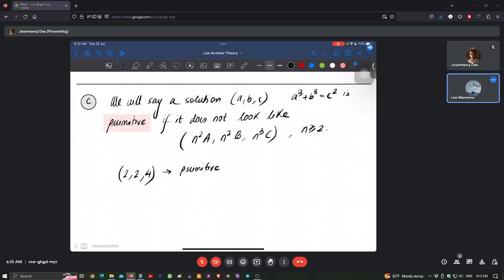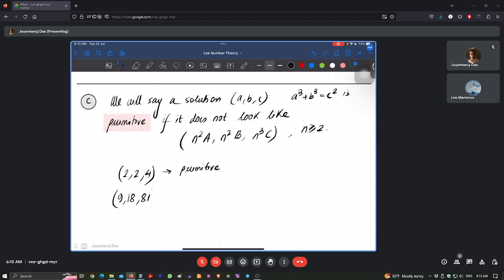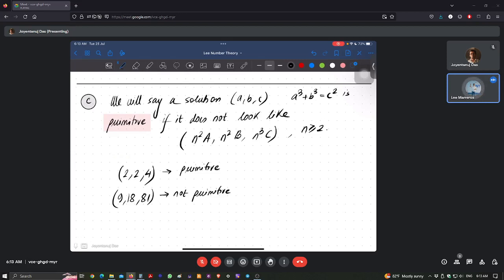But the second solution, what you got, is 9, 18, and 81. This is not primitive because I can take n as 3. So this is primitive only with this restriction.